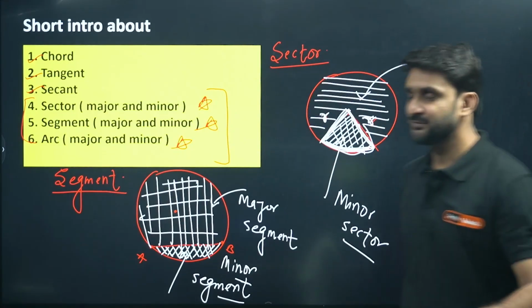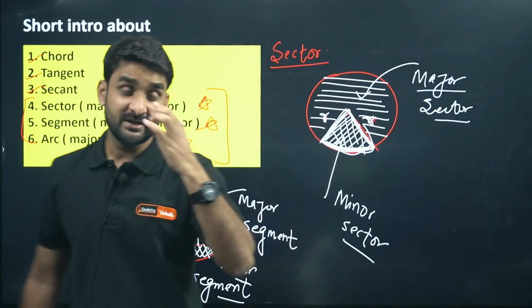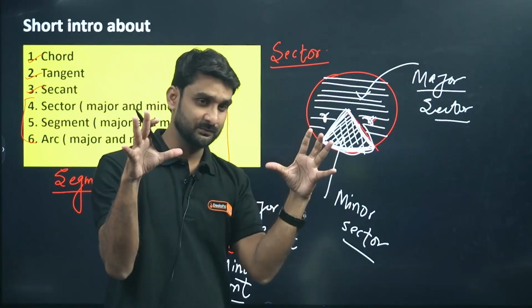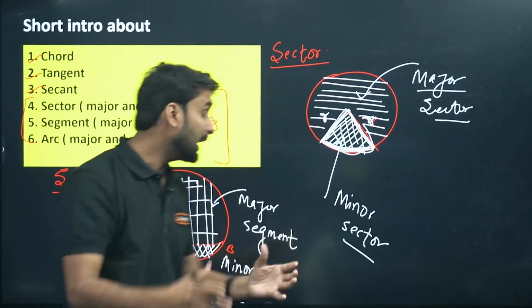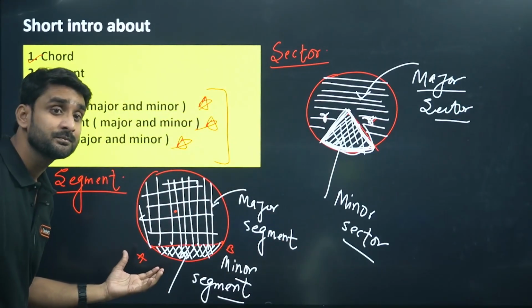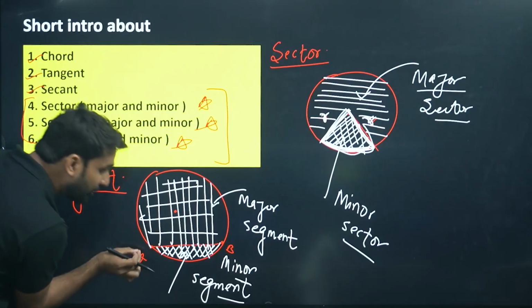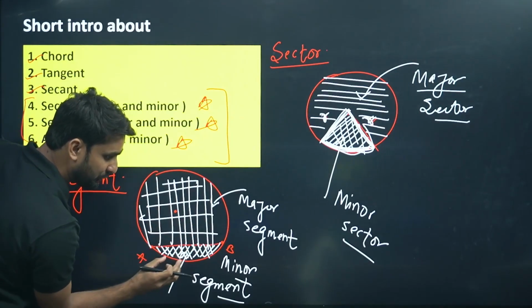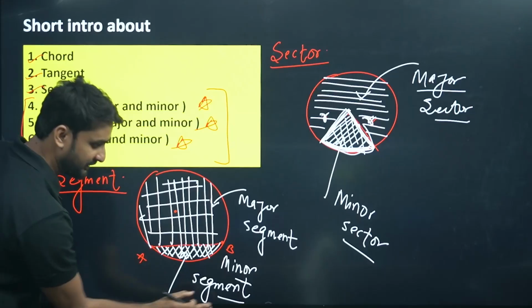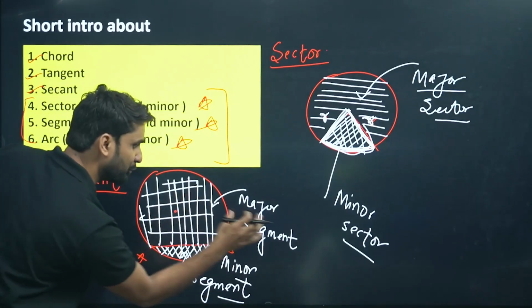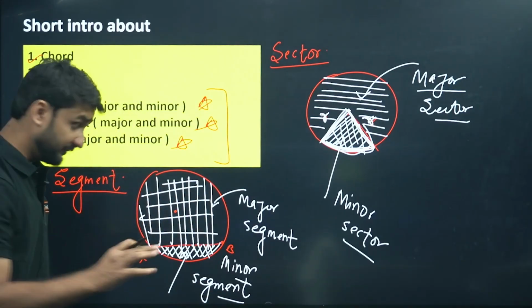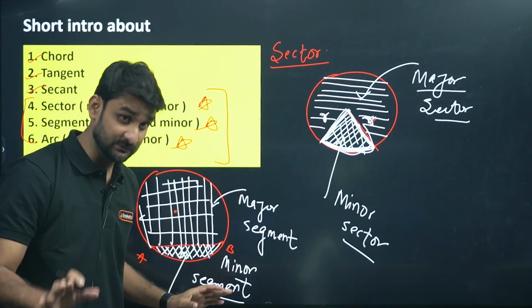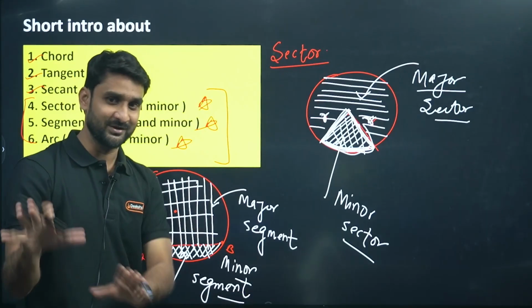So how is a sector made? A sector is made by drawing two radii. How is a segment made? A segment is made by drawing a chord. The smaller portion of the circle after drawing the chord is called the minor segment, and the bigger portion is called the major segment. We will calculate the area of these segments also after a few minutes, right?